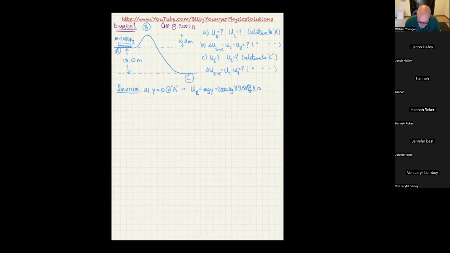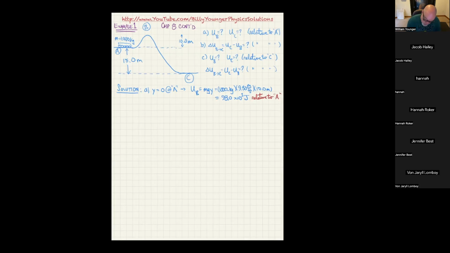So this is going to be 10.0 meters here, and therefore we get 98,000 times 10 to the third joules. That is the potential energy at B, relative to A.